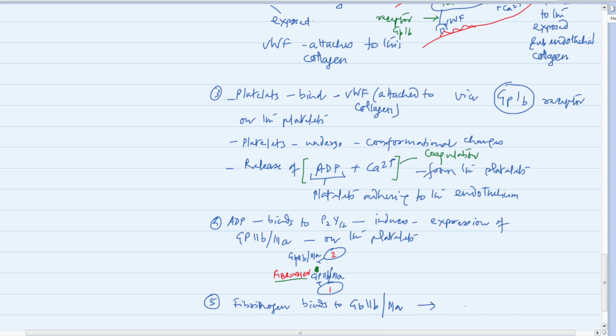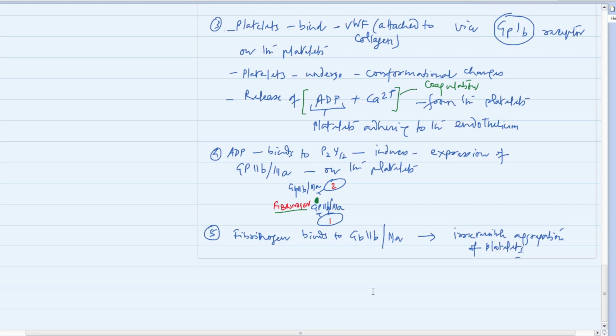That causes irreversible aggregation of platelets. Fibrinogen binds to basically two platelets.